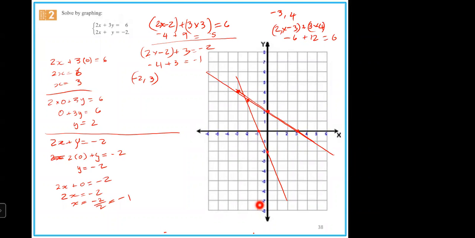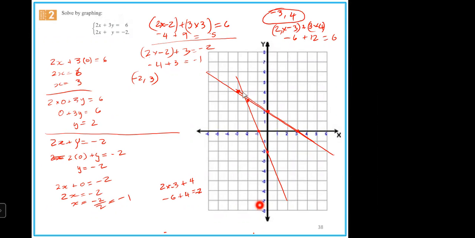And then if we use 2 times -3 here, plus 4, that's -6 plus 4, which gives you -2, right? So the answer is actually -3, 4.